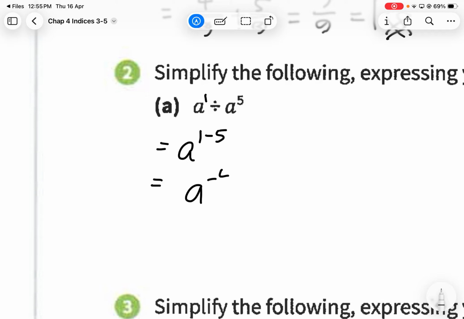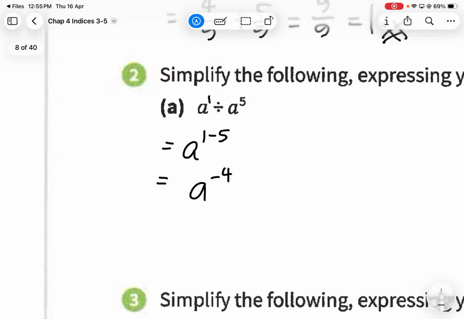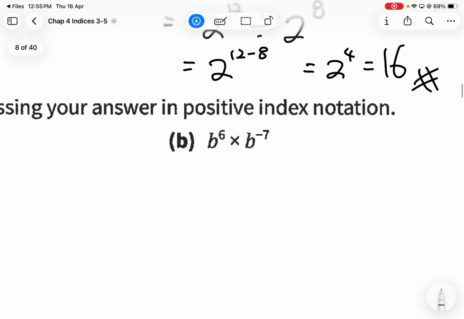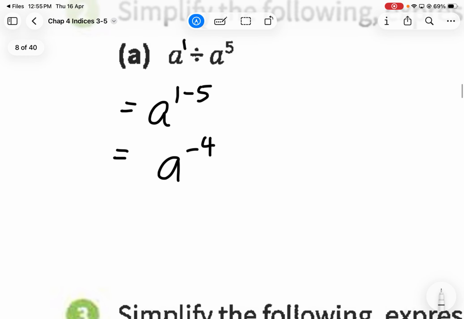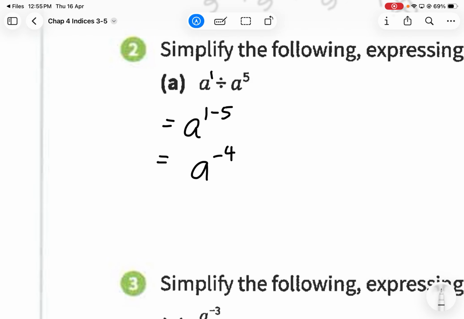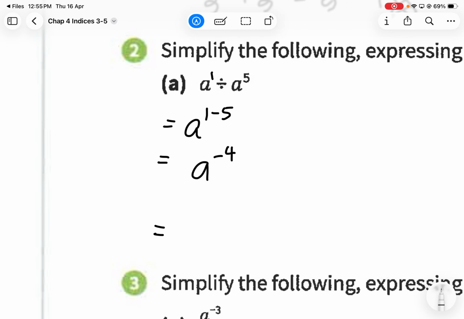I will have A, but with a negative power. Negative index. But the question say they want me to give in positive index. So in order to change my negative 4 to a positive number, I cannot leave my A in the numerator. My A must go to the denominator. Like that.